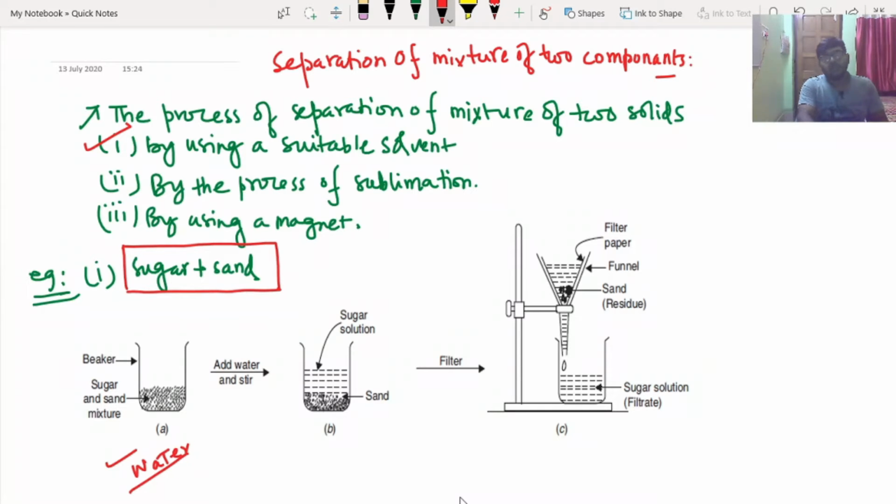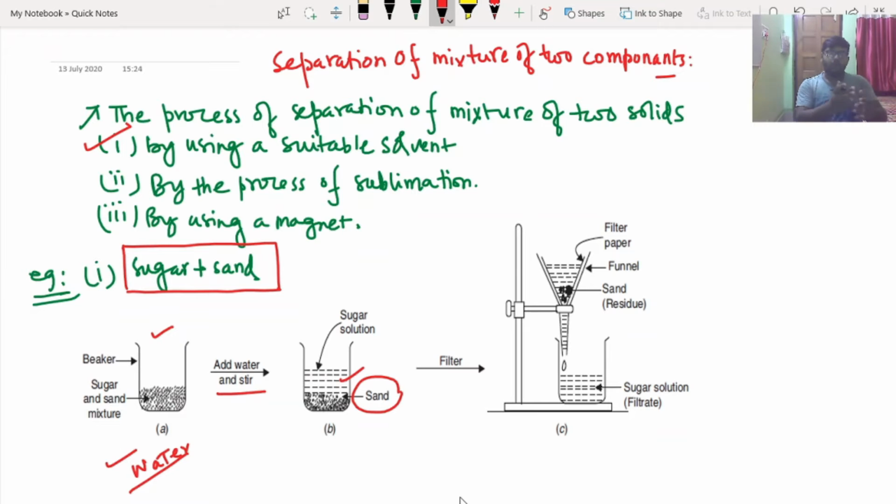So what will we do? We will take the mixture in a beaker or in a glass, whatever you like. We will add some water to it and stir it. If we stir it, the sugar will dissolve in the water. Obviously the sand will remain at the bottom.